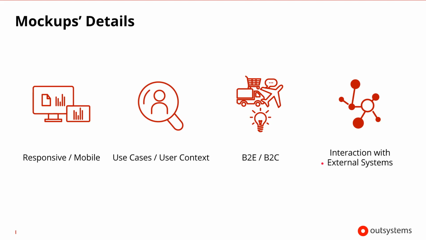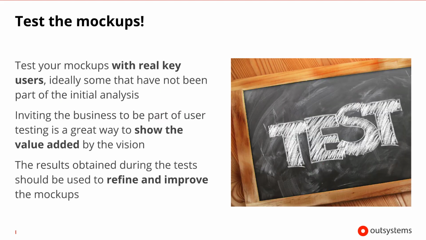So once the mockups are ready, we'll need to test the mockups. We want to use real key users, and ideally, these users should not have been part of the analysis phase. This is to make sure that we have a fresh set of eyes looking at the mockups and giving us feedback. This also allows the business to participate.